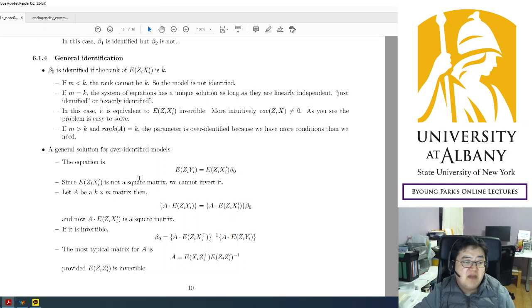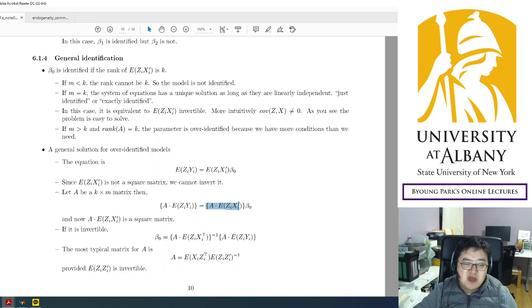So what we are going to do is make the matrix in front of beta a square matrix by multiplying by some matrix A, which is k by m dimension.